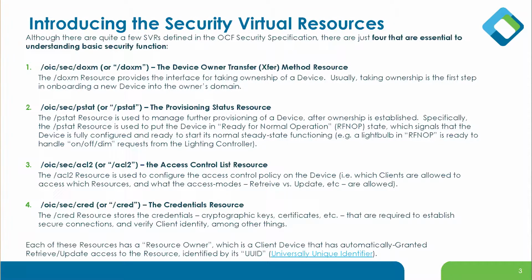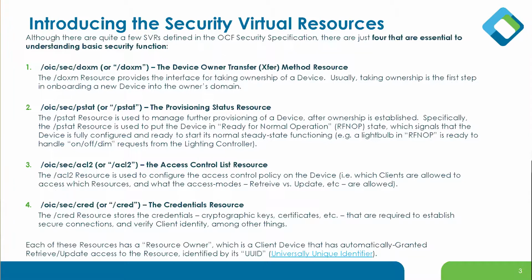I think it's worth noting that when you open up the JSON descriptions of these resources for your device, you'll see that there are quite a few properties for them, one of which is the resource owner. That's a pivotal one to pay attention to. The resource owner describes the client device, which has intrinsic permissions to modify that resource.